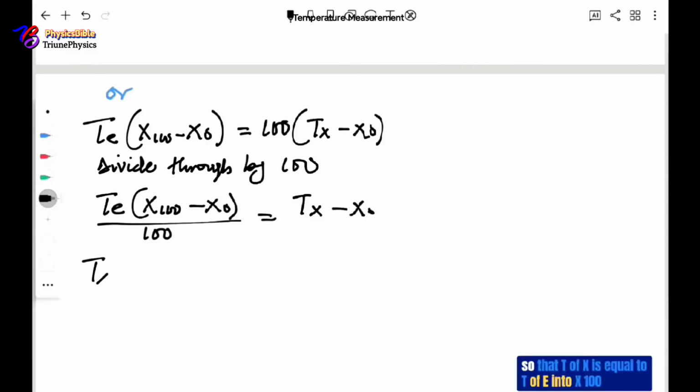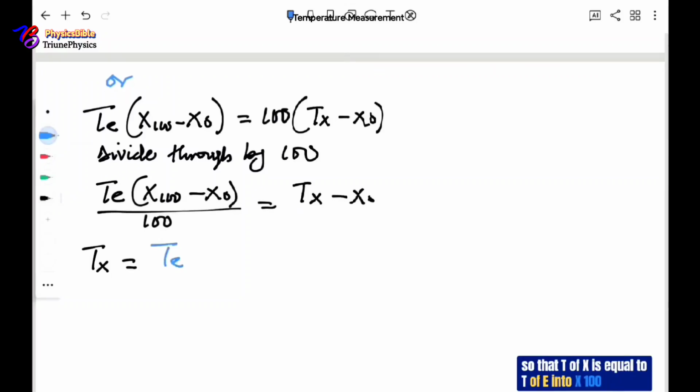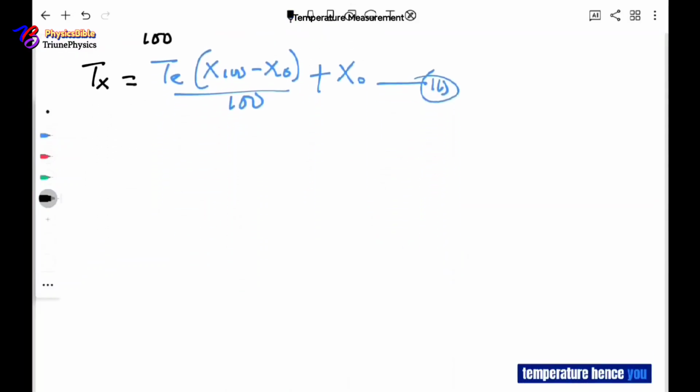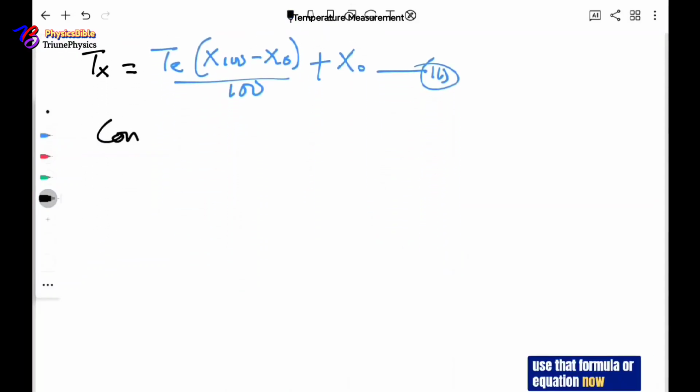Okay, so that T_X is equal to T_E into (X_100 − X_0) divided by 100 plus X_0. Take note of this. That is if you are asked to find the unknown temperature. Hence you use that formula or equation.